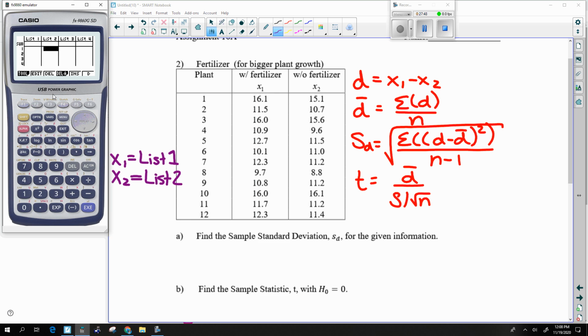Clear everything out so we don't get things confused. Okay, scroll through that, make sure I didn't make a silly button slip.